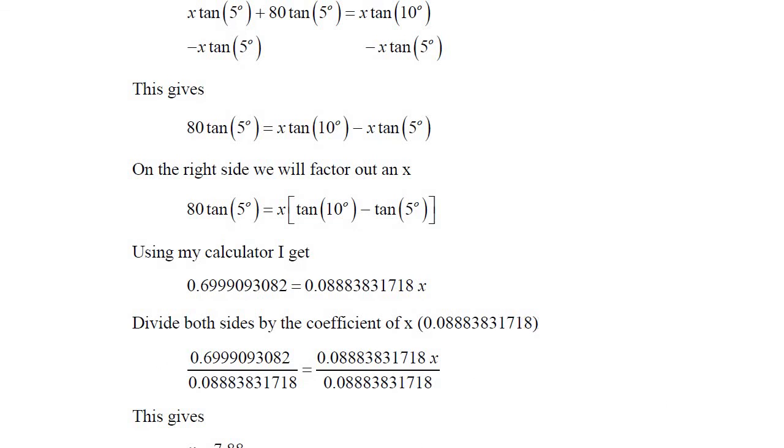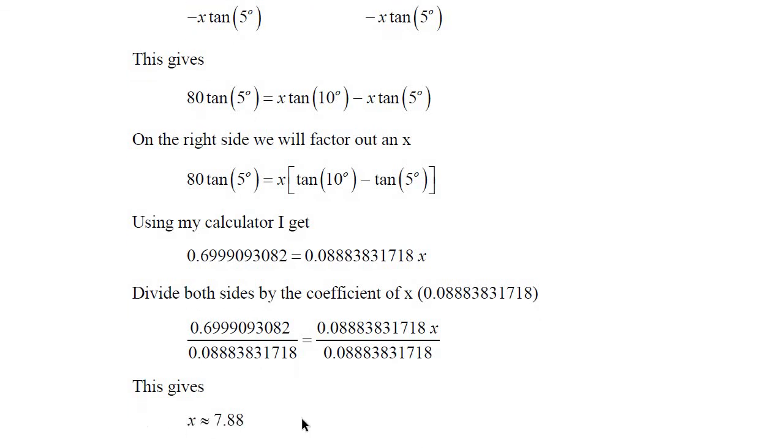And that ends up giving me a value of x that is approximately 7.88. So we've calculated the value of x, that is 7.88.